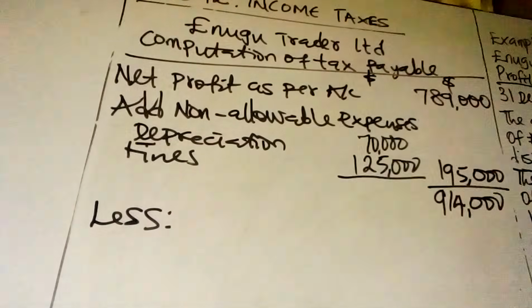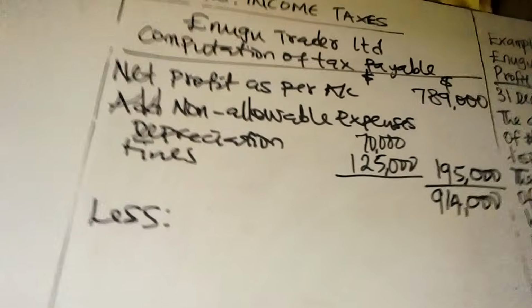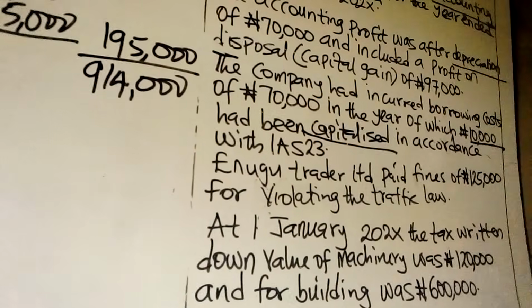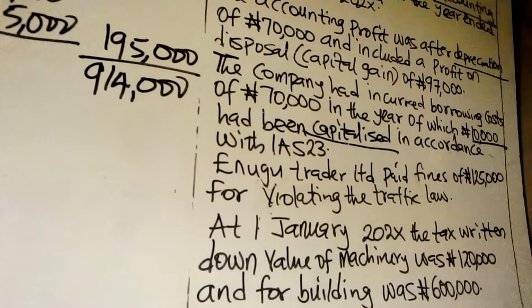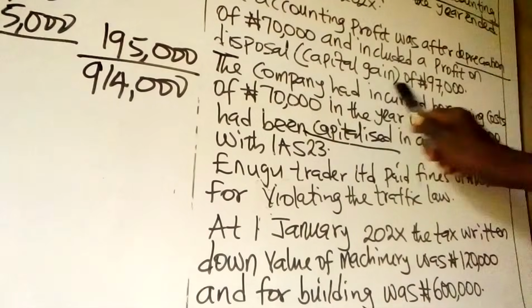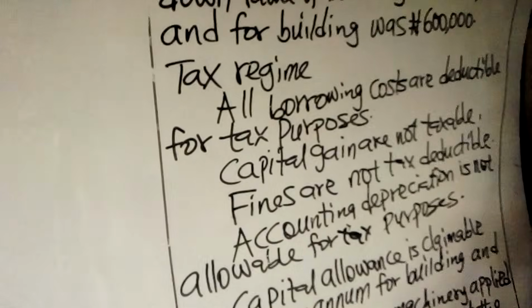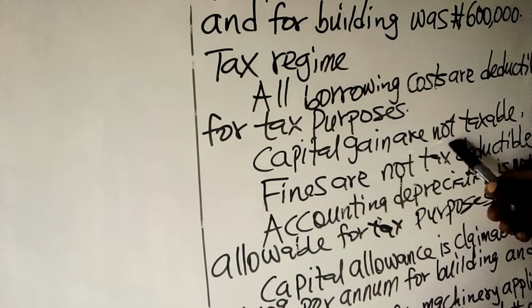Now less the following items. Let's go through the question. They said it includes profit on disposal, which is capital gain of 97,000. And you have even been told that it's not taxable. Capital gains are not taxable.